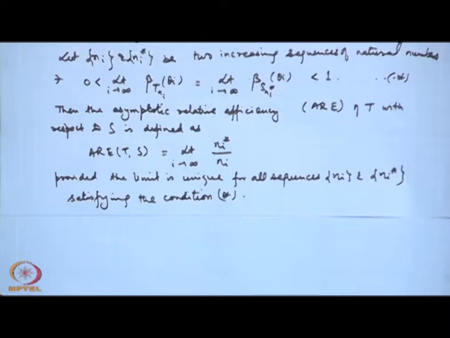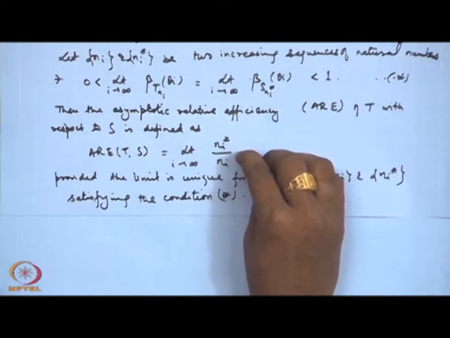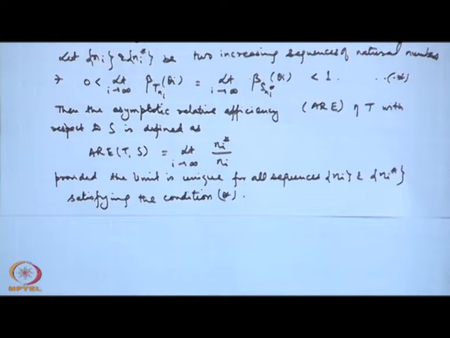Okay, so what does it roughly mean? It roughly means that suppose I say this value is equal to say 1.2, then it would mean that in the test based on S I need on the average 120 observations if there are 100 observations needed by the test based on T to achieve the same level of power.